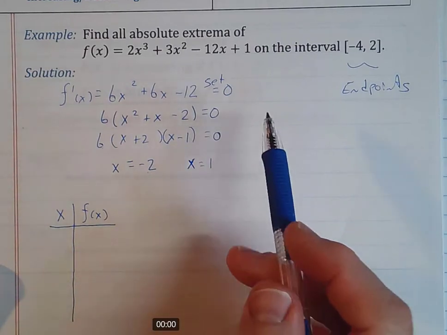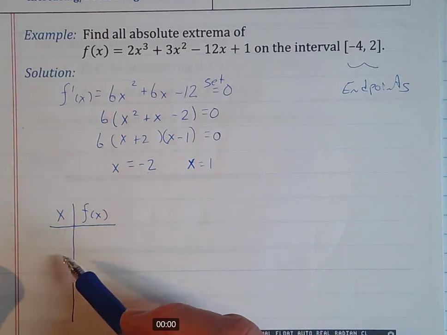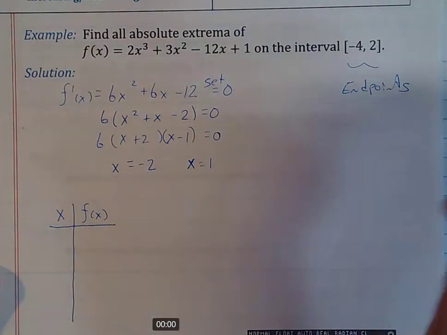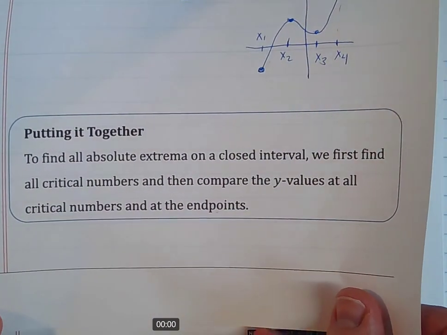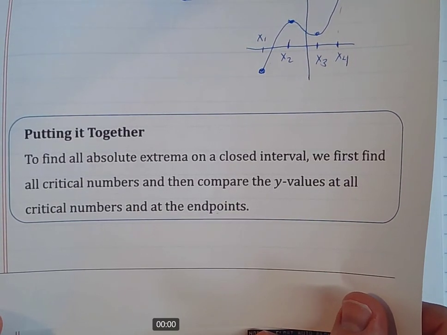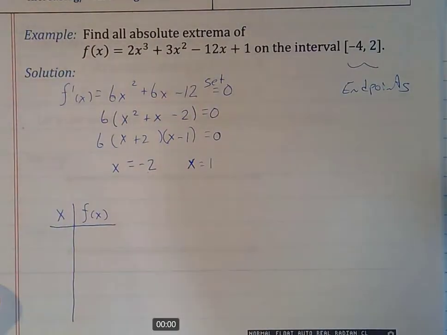And I'm going to take note of what numbers are important to go in here. What are the x values that are important here? Well, remember that to find all the absolute extrema on a closed interval, we're first going to find the critical numbers and compare all the y values at the critical numbers and at the endpoints.